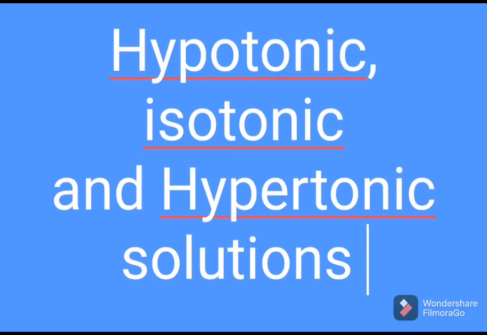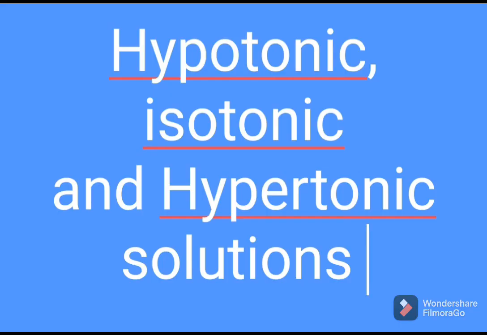Then one more concept is there, osmosis. Before studying osmosis, I want to tell you about the types of solution. Just now I told you how a solution is formed, and what the concentration of salt and the concentration of water are. If the given solution is very dilute, meaning it has a higher concentration of water, that solution is called a hypotonic solution.